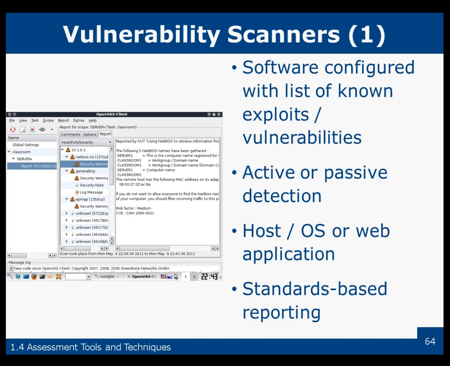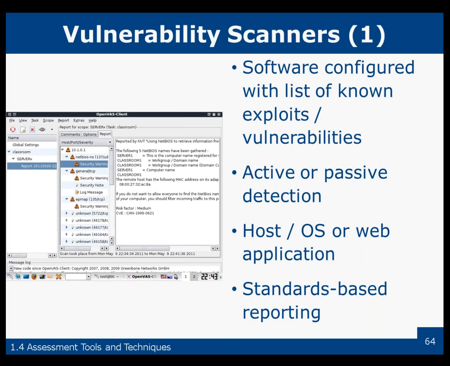Actually, you can do active or passive detection. The issue here may become network traffic and how aggressively you go out with these things. Active detection may wind up slowing down your network, crashing servers, those sorts of things. Passive is where we're going to basically monitor traffic as it goes through.